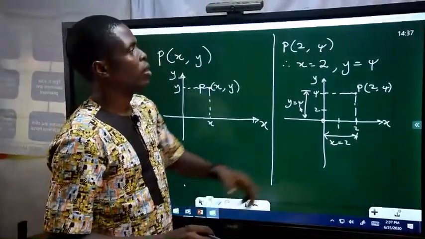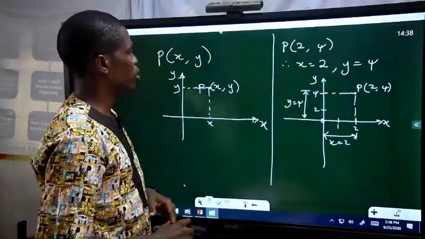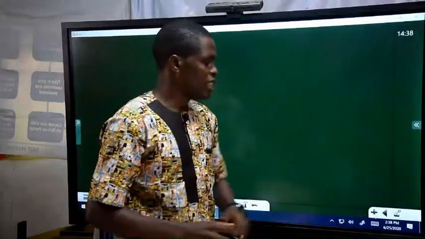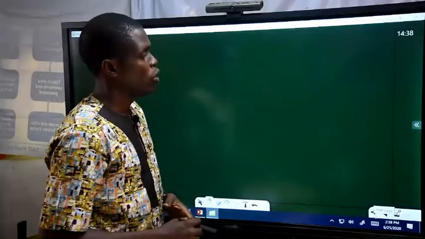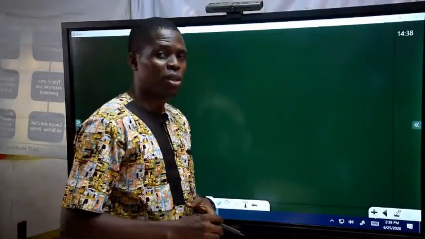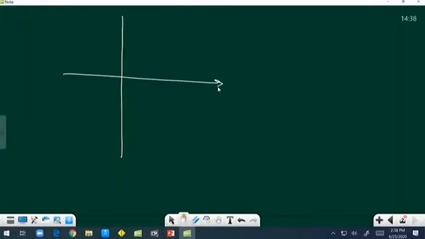Next, we are going to look at how we can find the distance between 2 points. In coordinate geometry, to find the distance between 2 points, we consider the points given, then we apply the Pythagoras theorem. Let's consider the points given in an xy plane. We have the y-axis and x-axis once again, and we have 2 points, P as x1, y1, and Q as x2, y2.